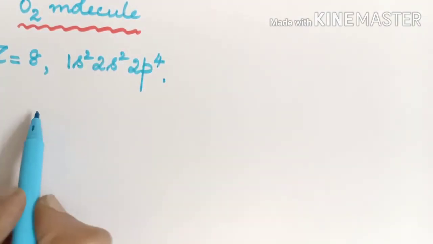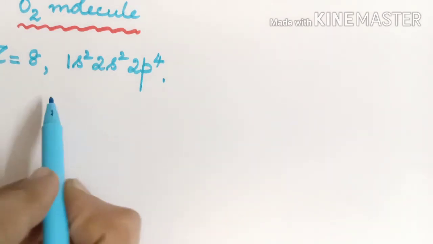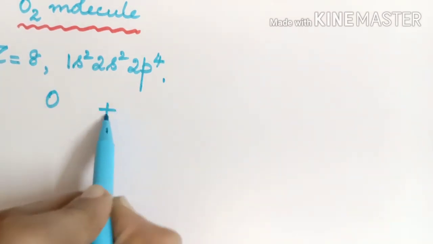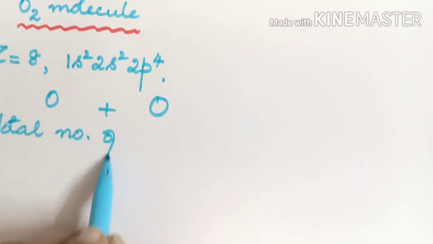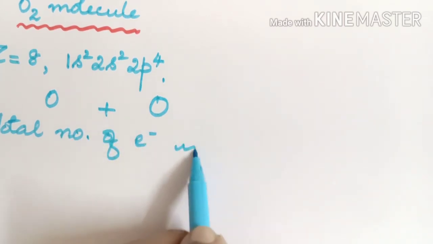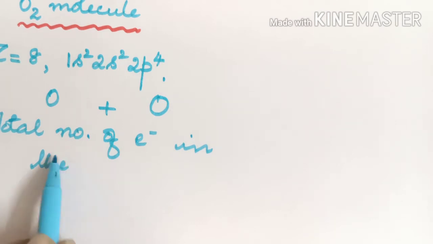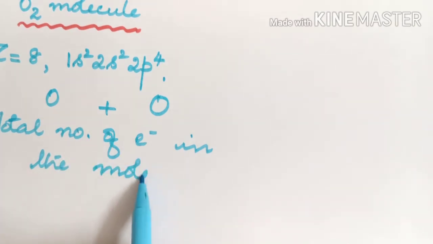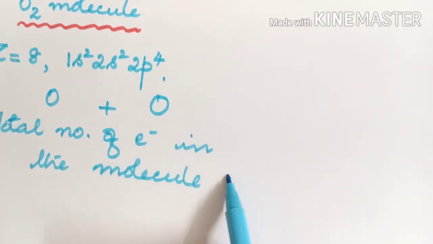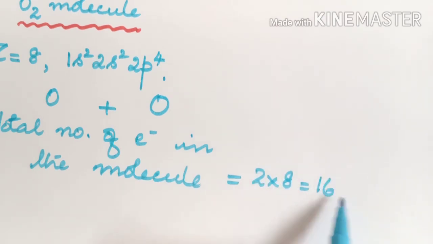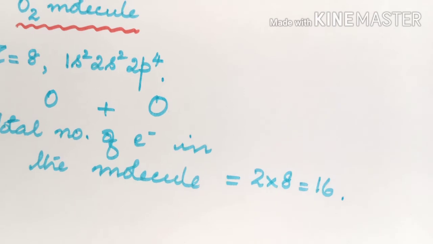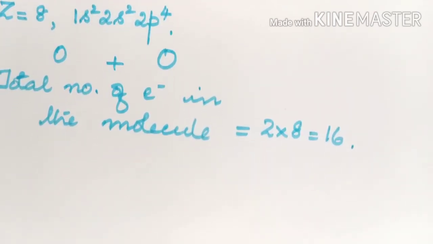And when oxygen molecule is formed, two such oxygen atoms combine together. With the result, the total number of electrons in the molecule becomes equal to 2 into 8, that is 16 electrons, which are to be arranged in the different molecular orbitals.